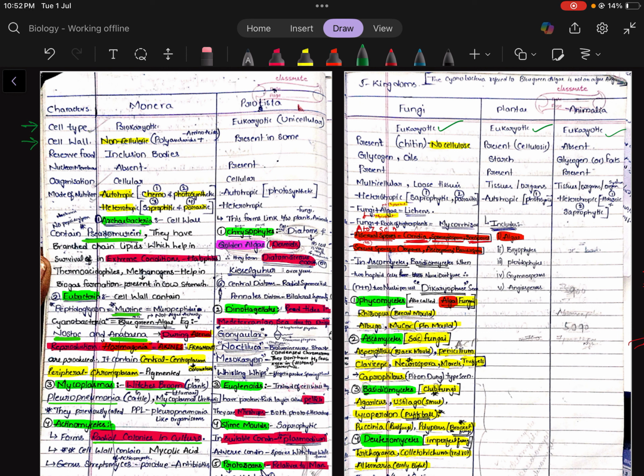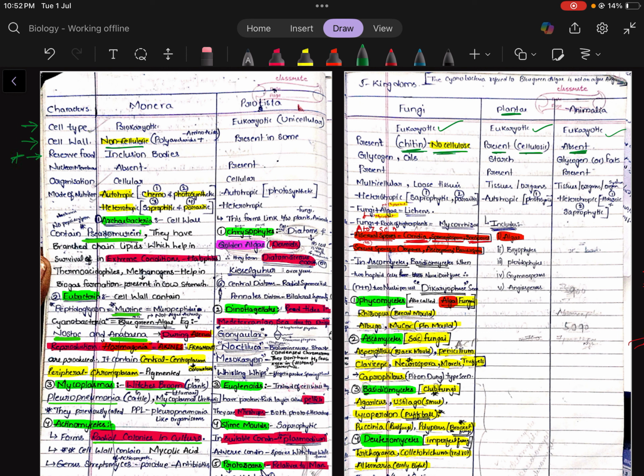And cell wall: Monera is non-cellulosic. And in fungi it's non-cellulosic, it contains chitin. Whereas in plants, cellulosic cell walls are present, and in animals it's completely opposite.